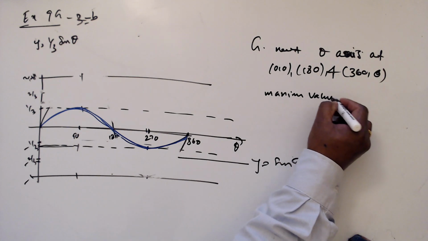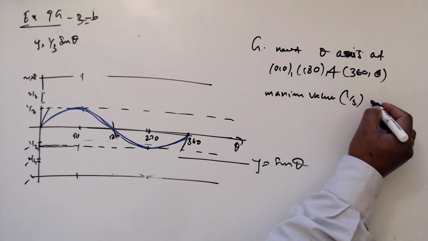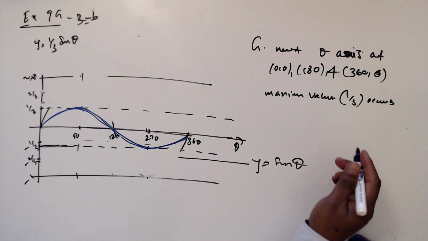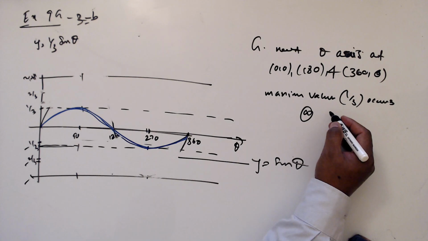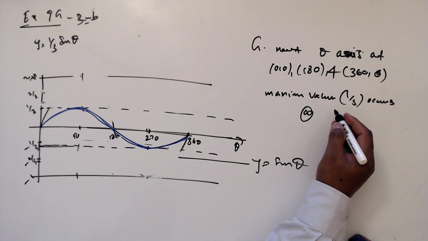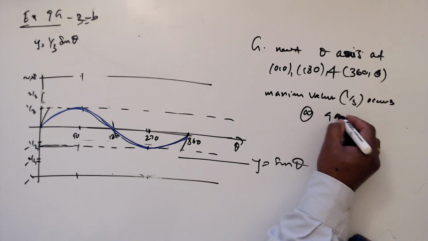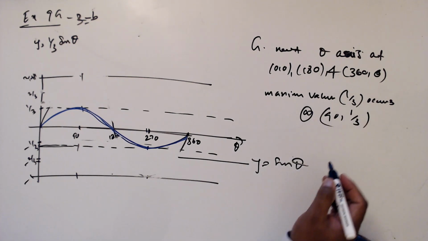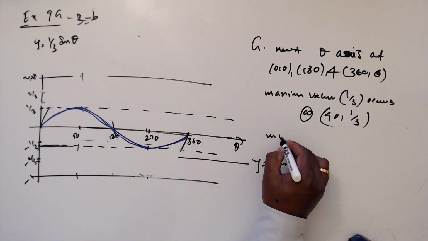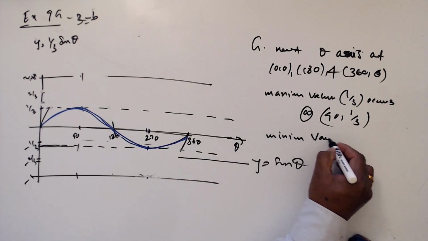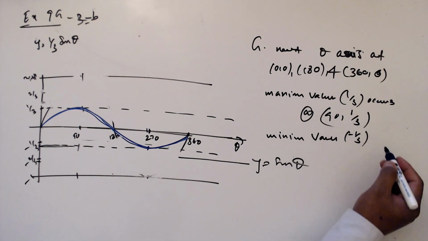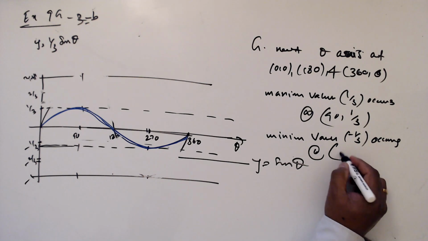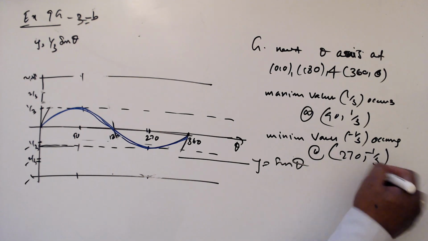The maximum value 1/3 occurs at 90, 1/3, and the minimum, which is minus 1/3, occurs at 270, minus 1/3.